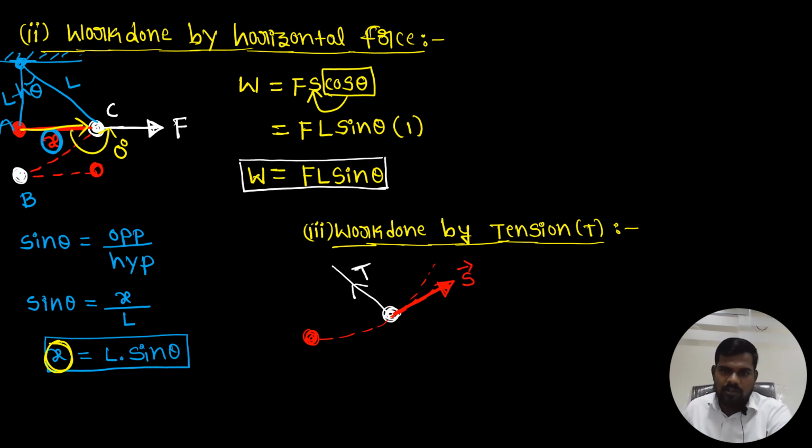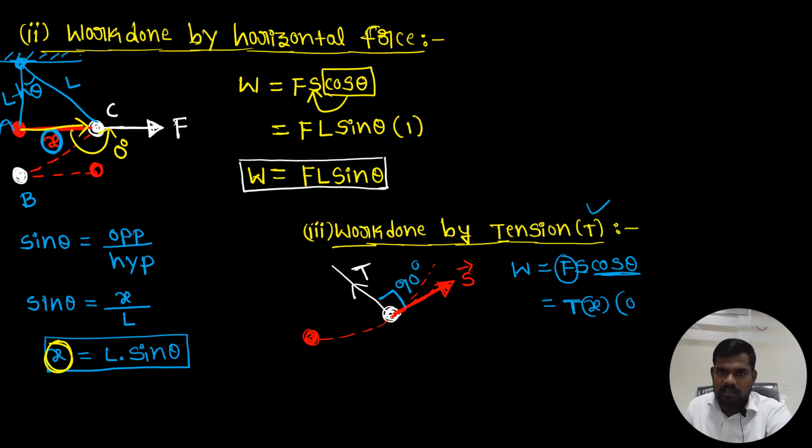So now you can observe this one. The angle between these two is 90 degrees. So I'm taking the formula: work done is equal to F s cos theta. Here force is the tension T, displacement is L or x, and cos theta is cos 90 degrees.